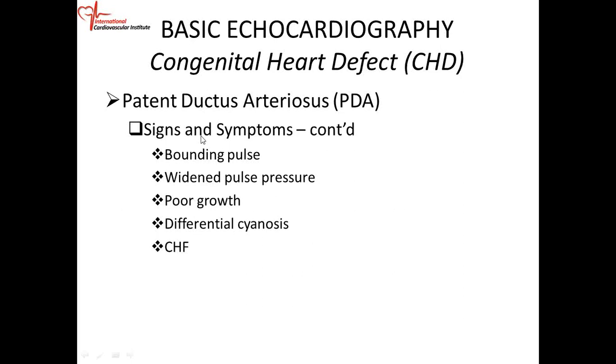You can also get a bounding pulse and a widened pulse pressure, which is the difference between your systolic blood pressure and your diastolic blood pressure. Poor growth, failure to thrive, differential cyanosis, and heart failure.